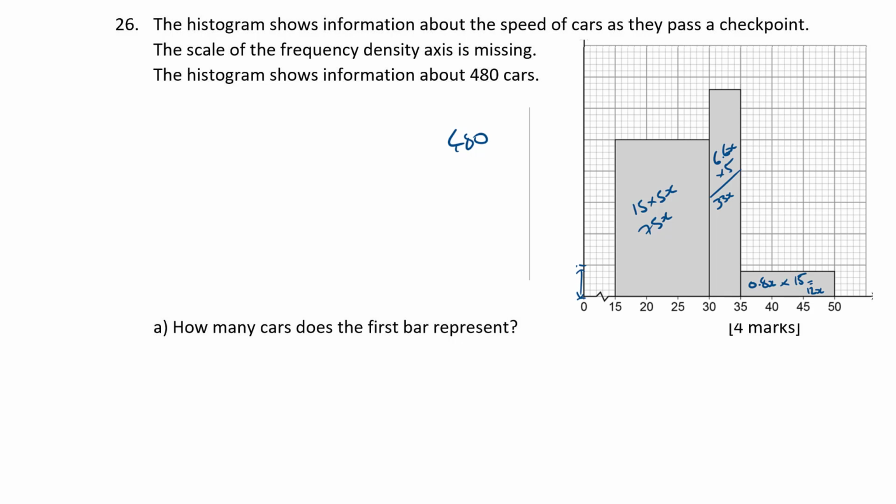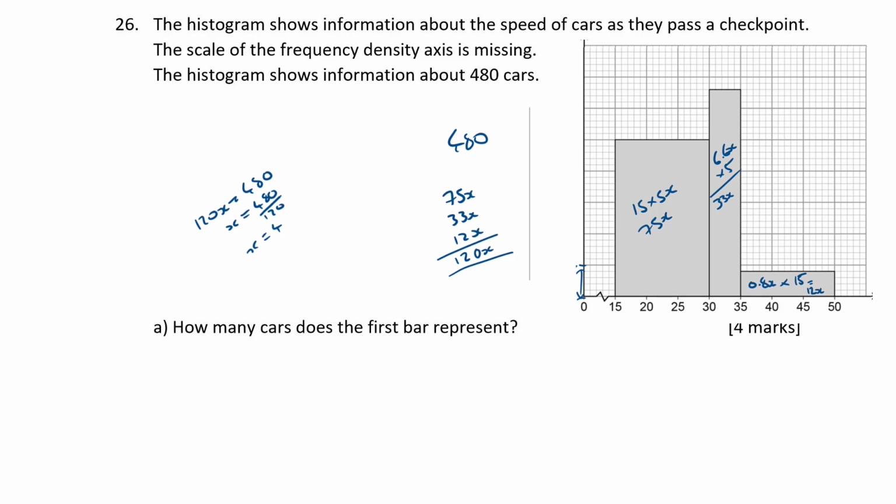Okay, so what's that all together then? I've got 75x, 33x, and 12x, which adds up to 5, 8, 10. Carry 1, 2, 5. It's 120, isn't it? 120x. So the whole of that graph is 120x, and 120x has to be equal to 480, making x 480 divided by 120, which is 4.